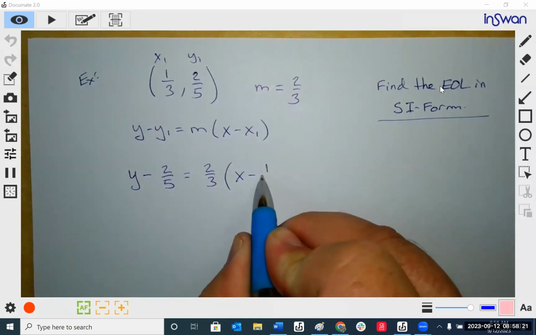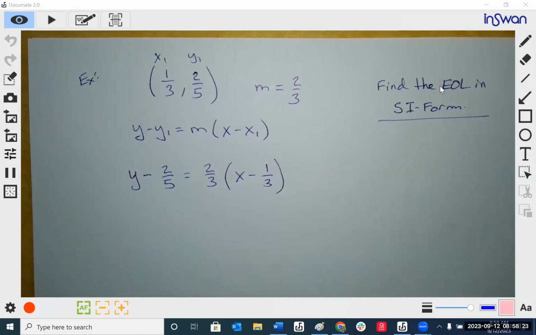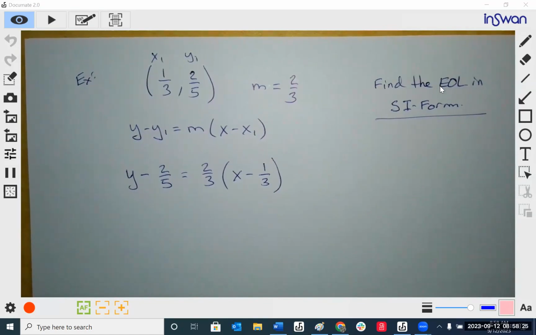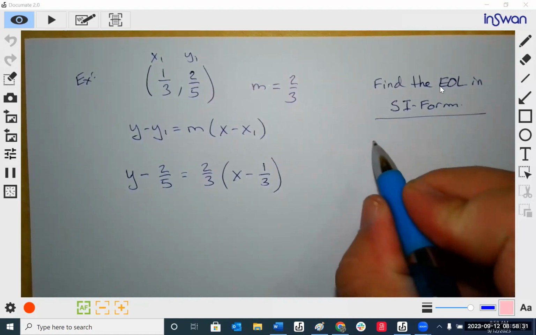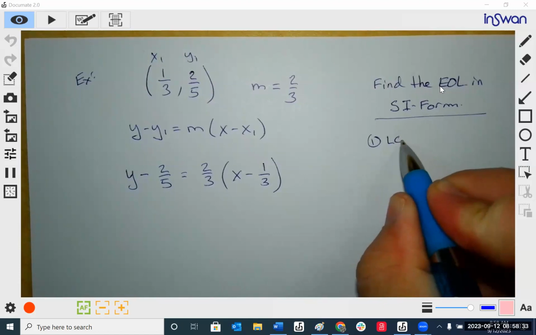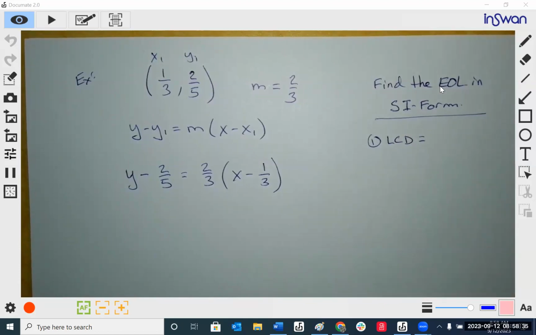X1 is 1/3. We have fractions everywhere. First step. What's the LCD? In other words, what's the smallest number that 3 and 5 both fit into?